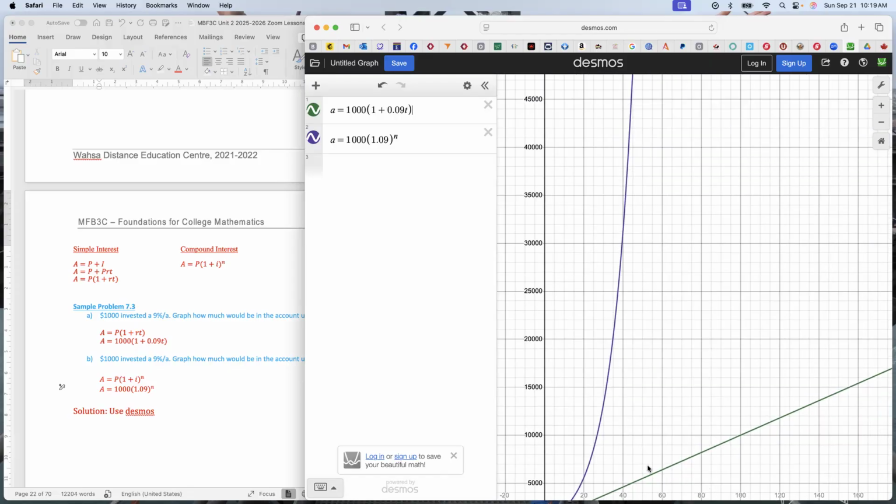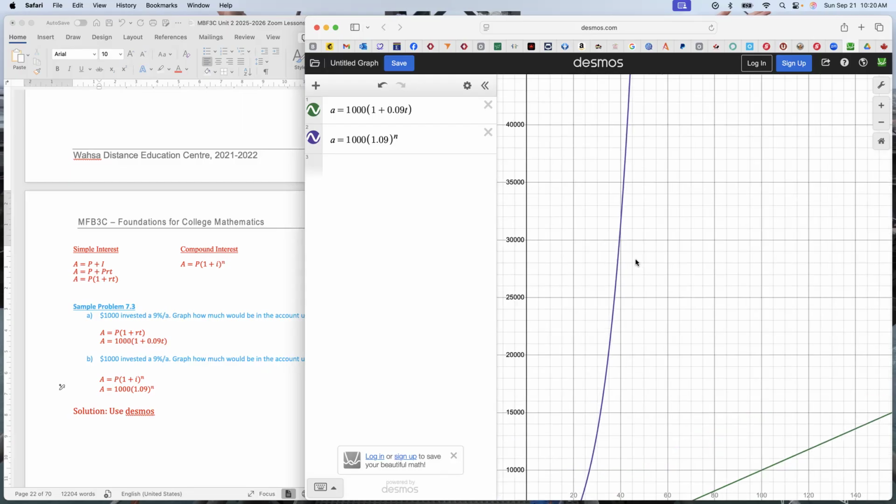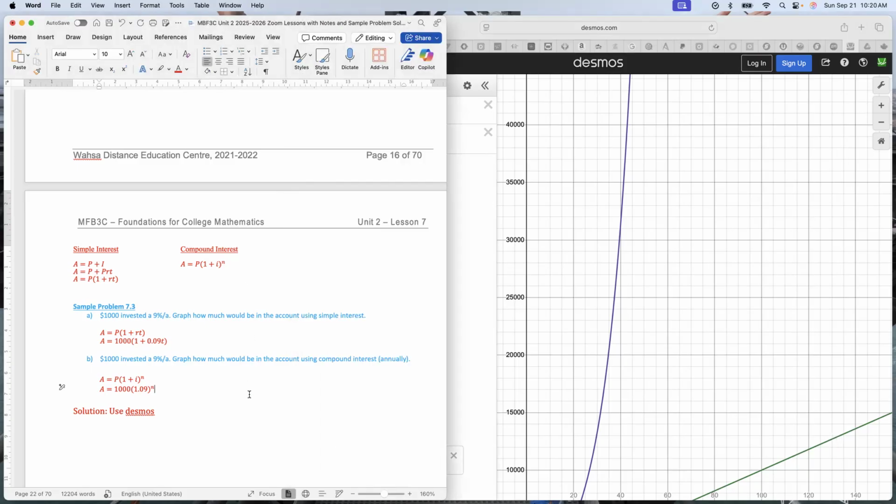So compound interest grows much, much quicker. That's why when you invest money into an investment, you would prefer compound interest because it grows rapidly, whereas simple interest just grows at the same pace every year, not much to it. Okay, so that's why we use compound interest.